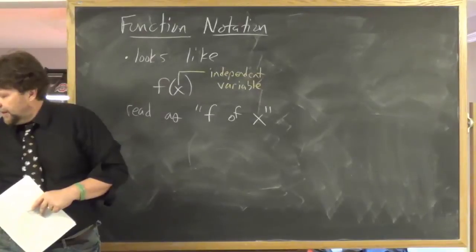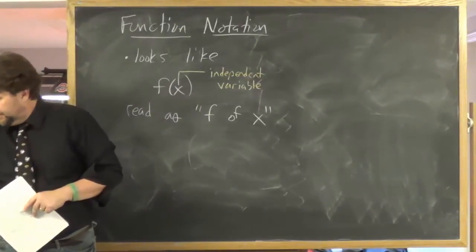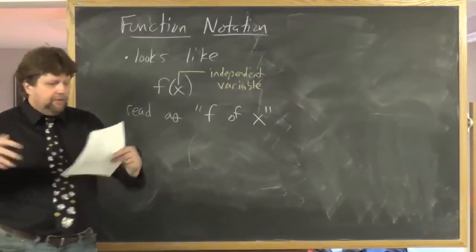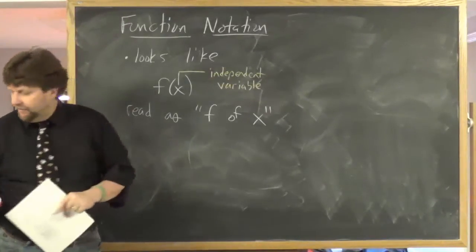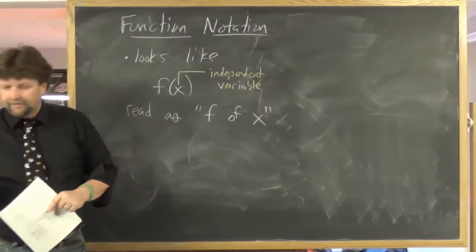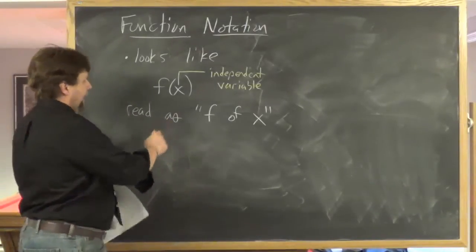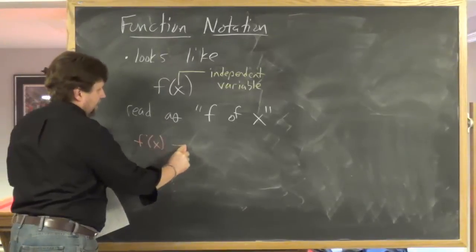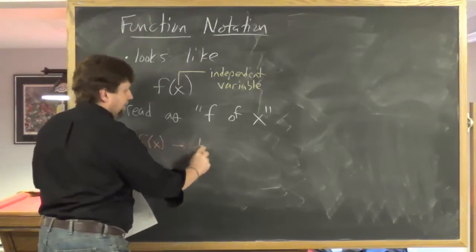So I'd like you to know that x is the independent variable. Then f of x, the actual beastie itself, let me get a different color chalk here, f of x is the dependent variable.